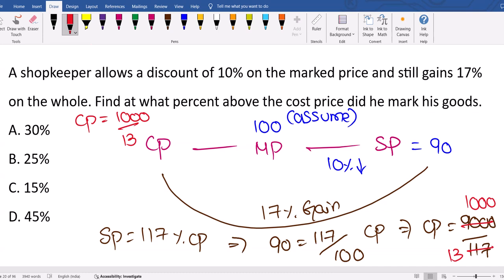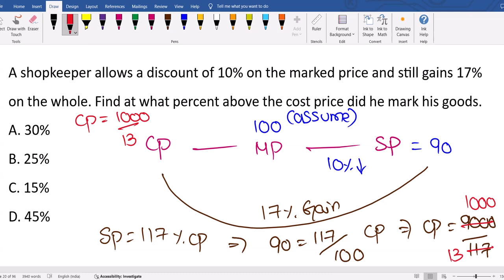Generally, any shopkeeper purchases, suppose a shirt costs 500. He will remove the old tag and put 1000 or something, then give the discount. Suppose I remove the 500 rupees tag and give 800, it means 500 is increased to 800. What is the percentage increase? Here also the cost is 1000 divided by 13.